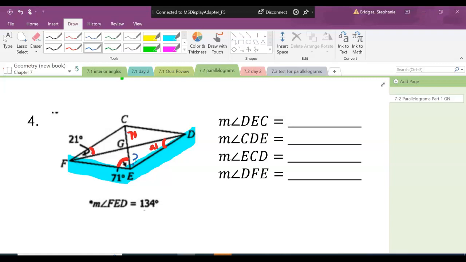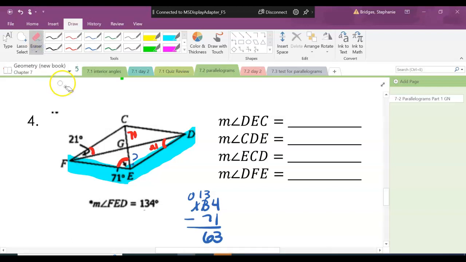What is this side of it? 71. So how can I figure out what that is? The whole angle, right? How much is the whole angle? And then we can subtract the piece that we know. What does that give me, 63? Okay.